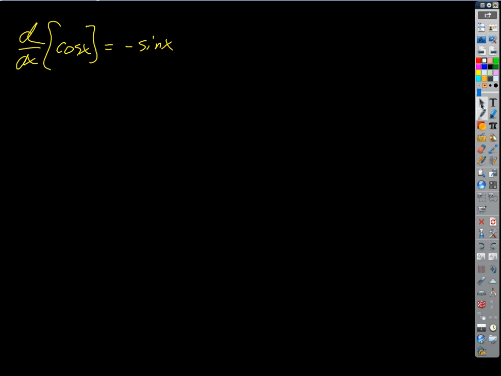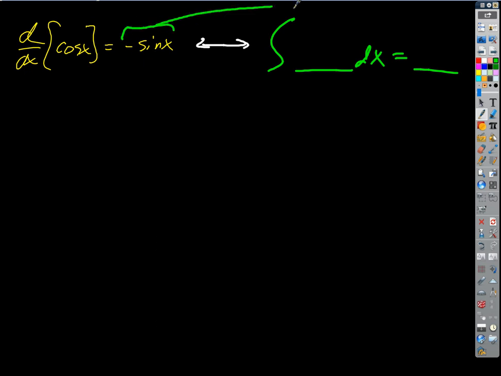So we know it's going to be in that form. Got to fill in those blanks. We're just playing calculus Jeopardy. So the derivative of what is negative sine x? The answer is going to be cosine x plus c, and we call it c1.